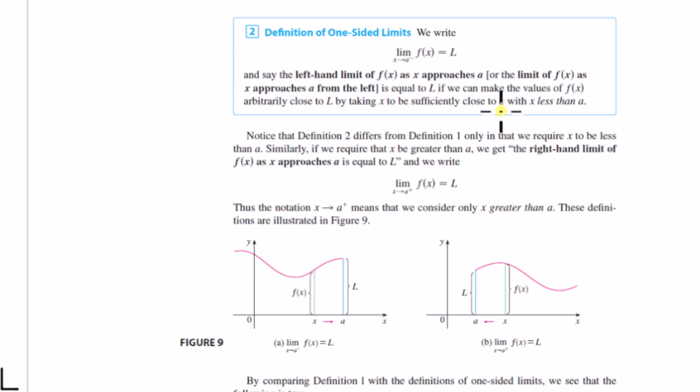We would see clearly that the closer and closer we get to a from below, the function is at the same time getting closer and closer to some value L. Then we say that value L is the one-sided limit, the left-hand limit. And it's a similar idea with a right-hand limit.